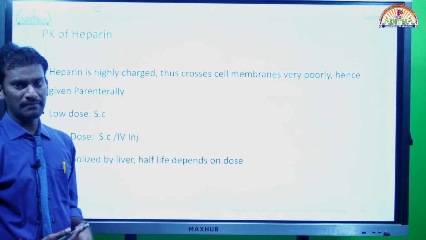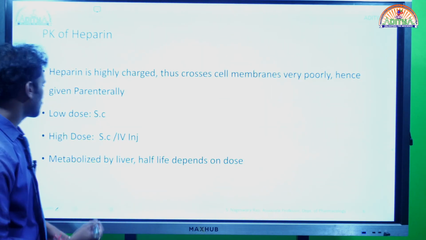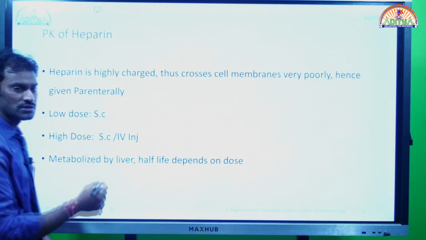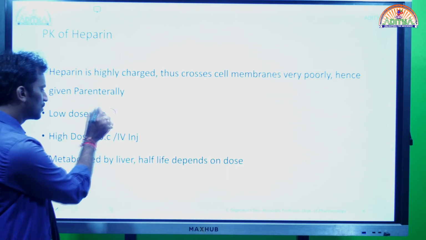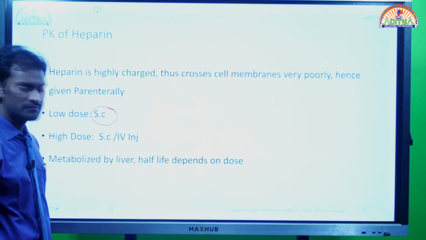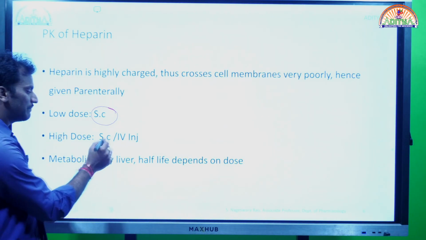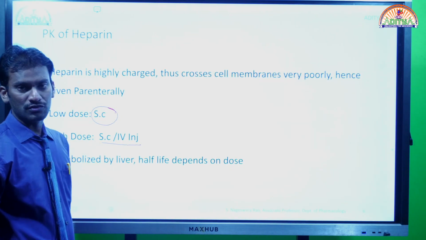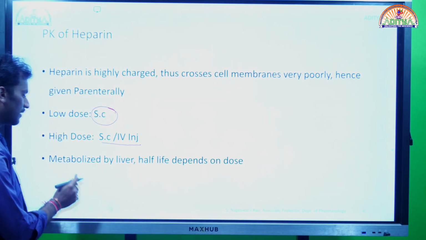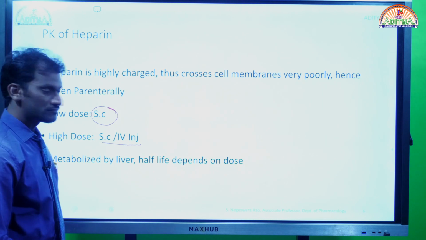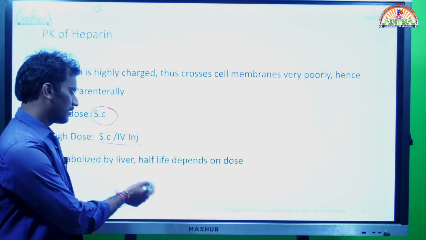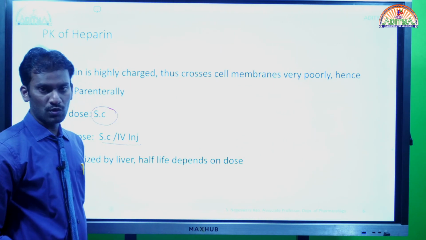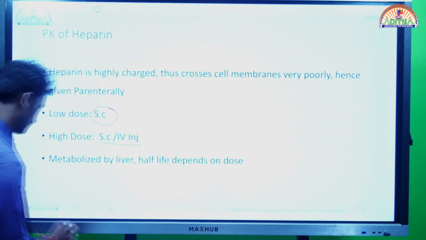It can be administered by parenteral route only. Generally, the low dose can be administered through subcutaneous route. High dose can be administered either by subcutaneous route or intravenous route. It is metabolized in the liver, and the half-life depends on the dose of the heparin.